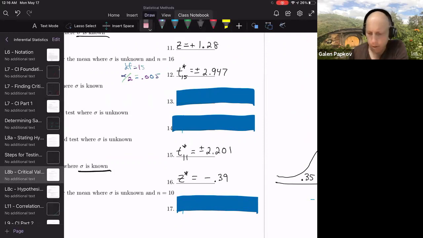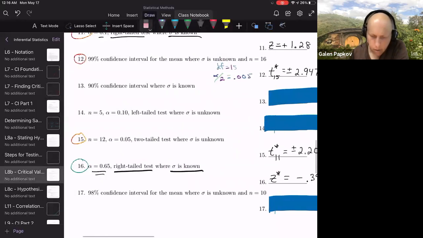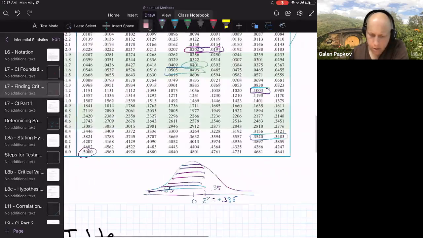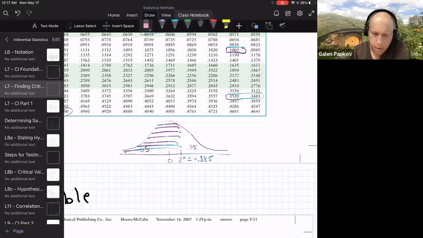I didn't interpolate here, but I went for, oh, sorry, this is a right tail test. Right tail test. So the picture is a little different. It's actually a mirror image. Let me fix that for you.